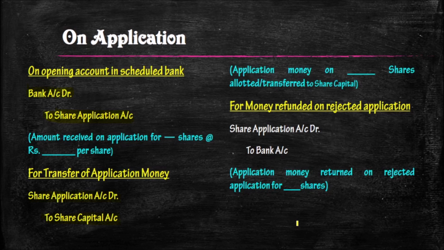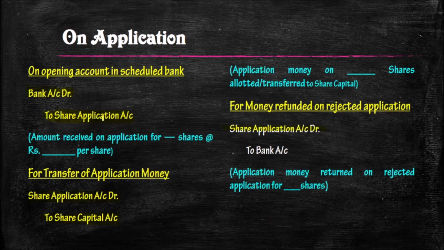Those 2,000 shares are excess. Actually, it creates a liability. Normally, when a company issues shares, it is an internal liability for the organization. So if the company takes the decision to reject and refund the excess, we have to pass the entry share application to bank. It is the opposite of the first entry.